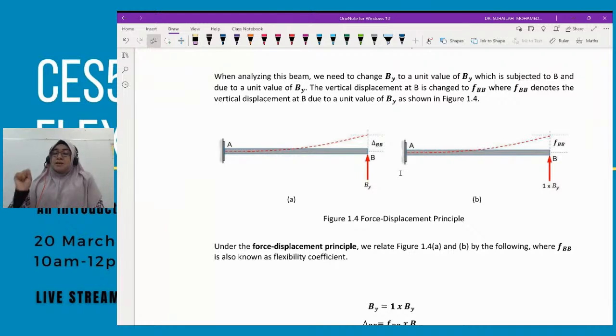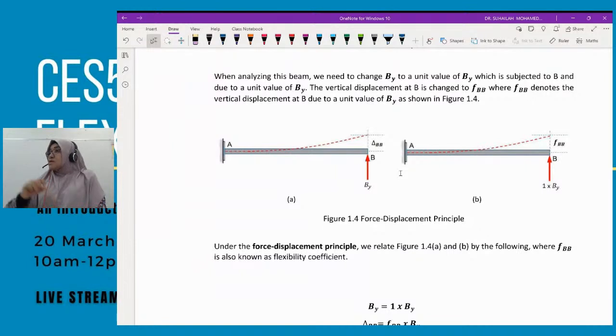Because, okay, we have two determinate structures. Two determinate beams, right? The first one is the primary beam. The primary beam has external loading. Right? So with all this external loading, can we calculate the reaction?